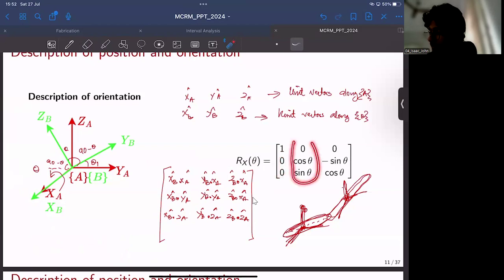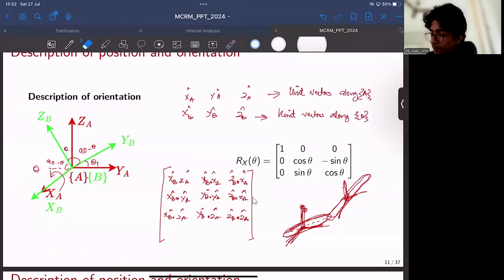And the second column is the angle YB makes with respect to XA, YA, and ZA. First, we have to consider XA. The orientation between YB and XA would be 90 degrees because XA is out of plane, so cos 90 is 0.